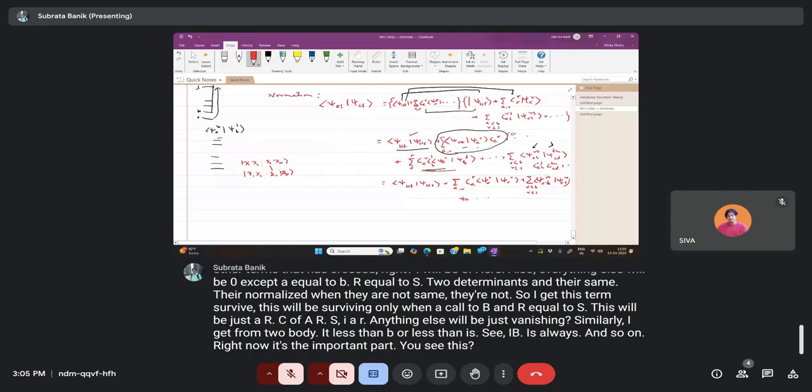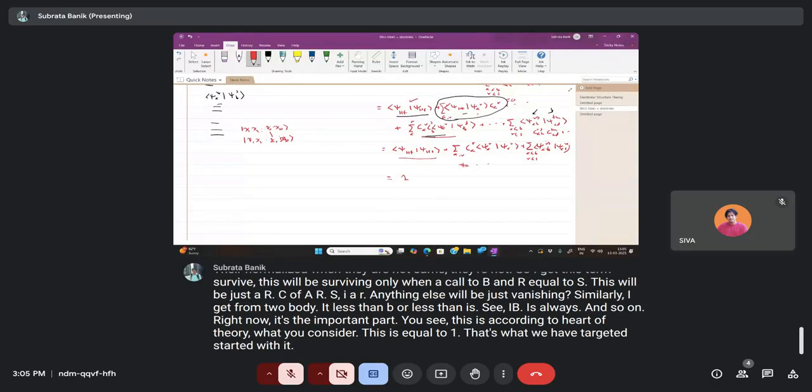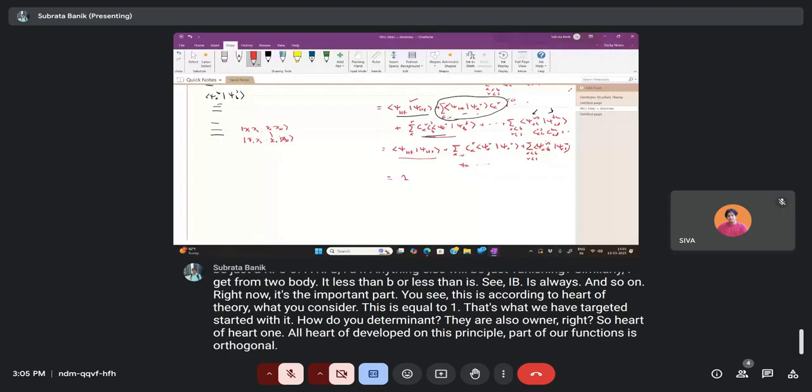You see, according to Hartree-Fock theory, what you consider is this is equal to 1. That's what we have started with, right? Hartree-Fock determinants are orthogonal, right? So Hartree-Fock to Hartree-Fock is equal to 1. All Hartree-Fock theory developed based on this principle. Hartree-Fock functions are orthogonal, and these functions are also orthogonal. They are not zero.